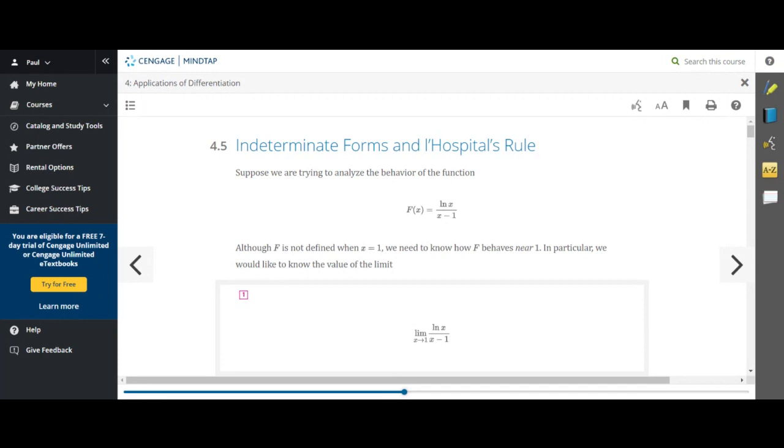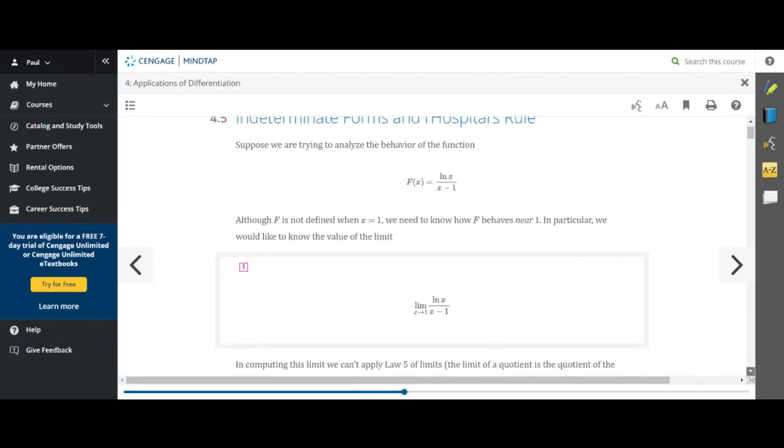So you get what's called an indeterminate form. It's never going to equal exactly 0 over 0 because you're taking the limit, but we just don't know for sure what that limit approaches, because 0 over 0 is an indeterminate form. And so we need something to help us.